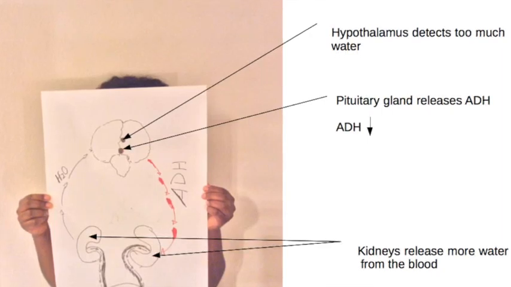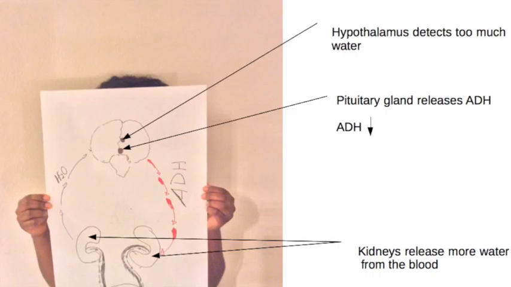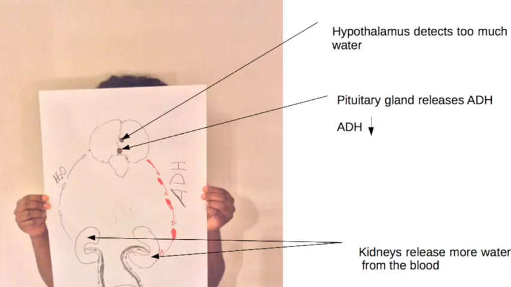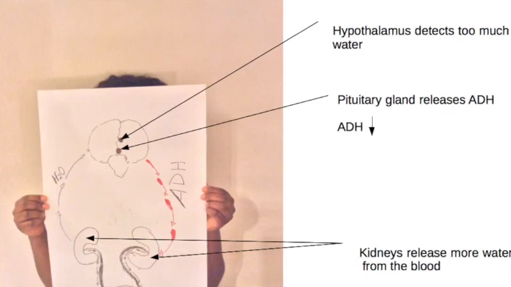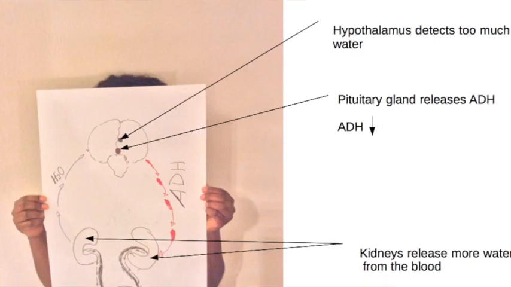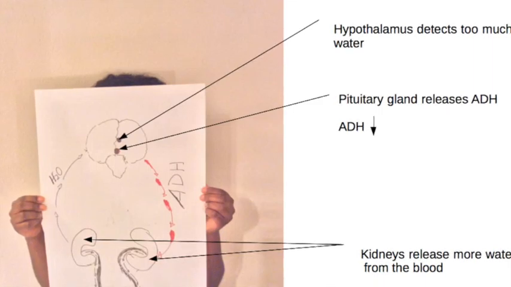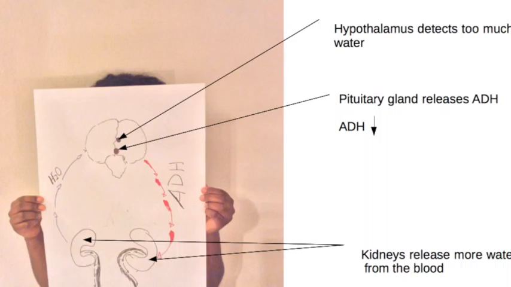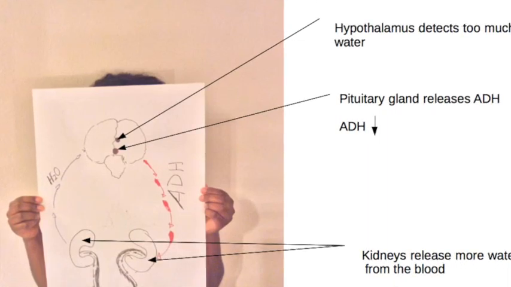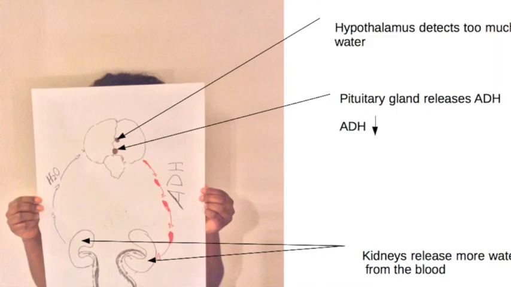But when there is too much water, the amount of ADH will slow down or even stop. So then the ADH travels to the kidney, and more water will be released, and the urine will be more diluted, less concentrated.